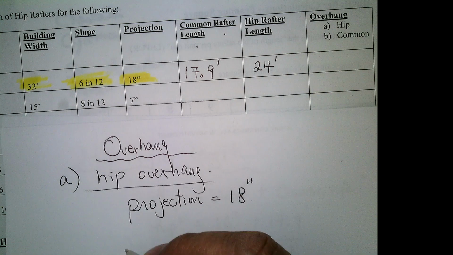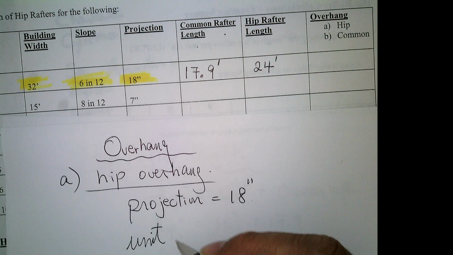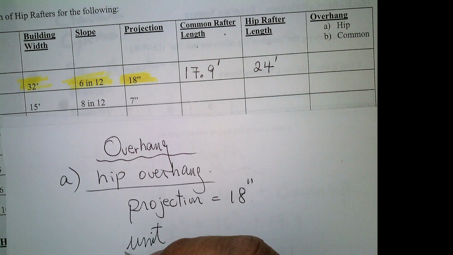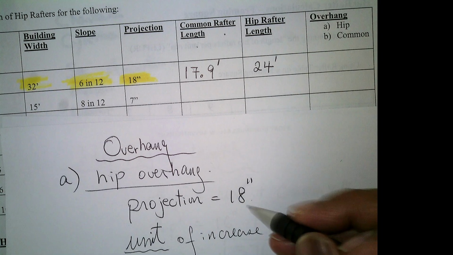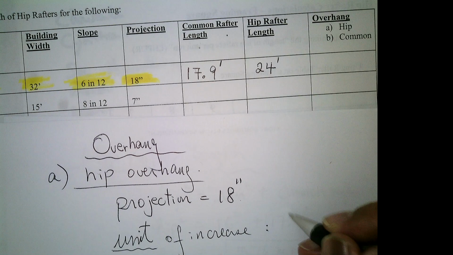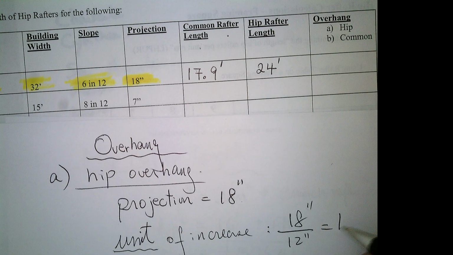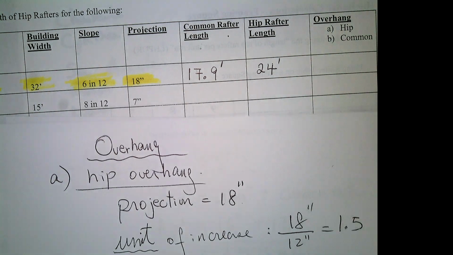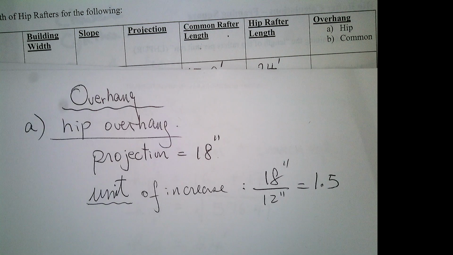That gives us the unit of increase, comparing the projection with the slope: 18 inches over 12 inches is 1.5, an increase of 1.5 units. So that's the preparation.